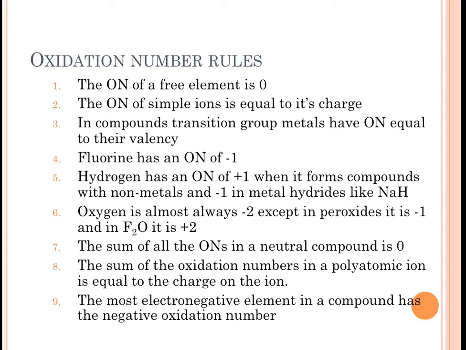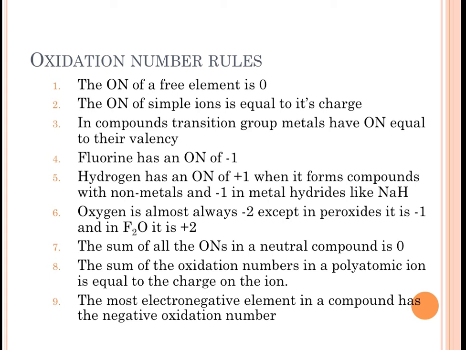Then there are some other things that we can use to work out what everything else is. So fluorine, the most electronegative element there is, always has an oxidation number of -1. Hydrogen is almost always +1. The only exception to that is if you see it combined with a metal, just a metal, and nothing else.